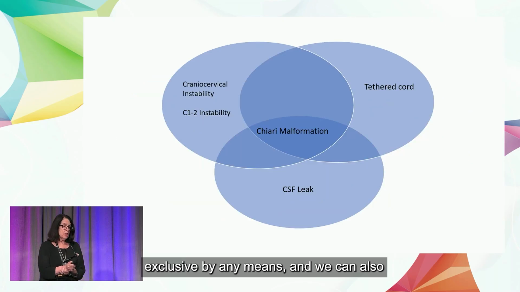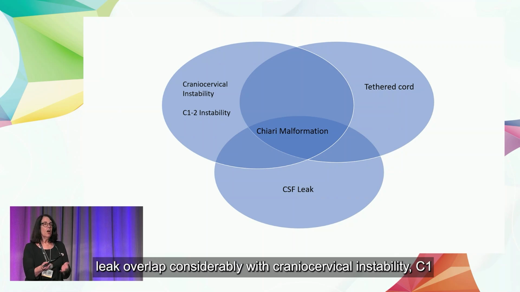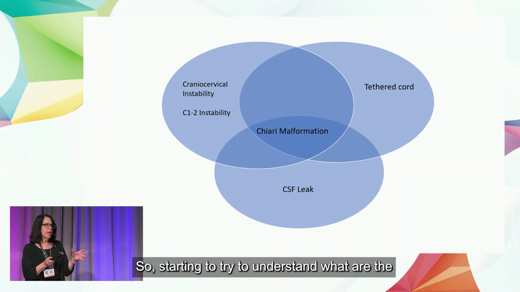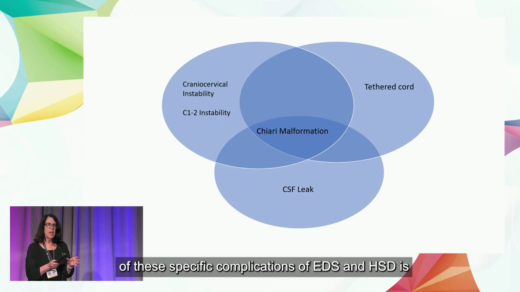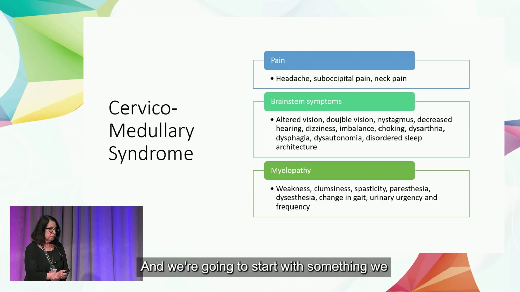And we can also see the symptoms that are associated with CSF leak overlap considerably with craniocervical instability, C1 instability, tethered cord, and a Chiari malformation. So starting to try to understand what are the symptoms that would lead you to evaluate for each of these specific complications of EDS and HSD is what I'm going to try to address today.